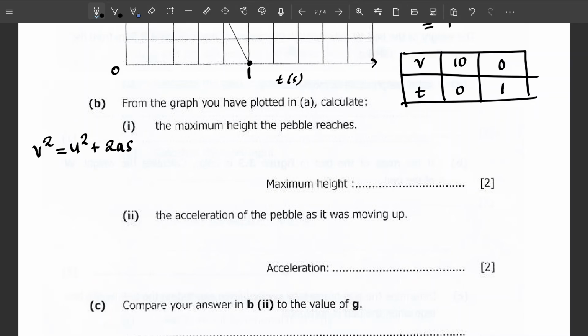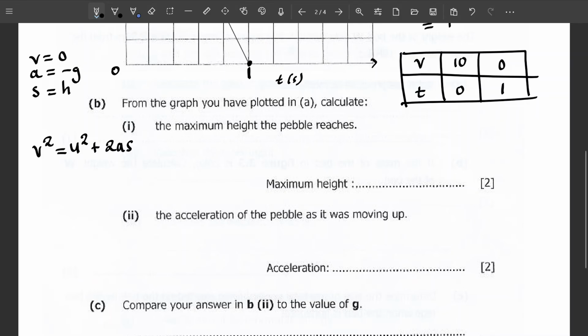When objects are undergoing free falling or vertical motion, you also have to understand the way we set the standard. V is equal to 0 if it is thrown vertically upward. Then a becomes negative g. Then s becomes height.